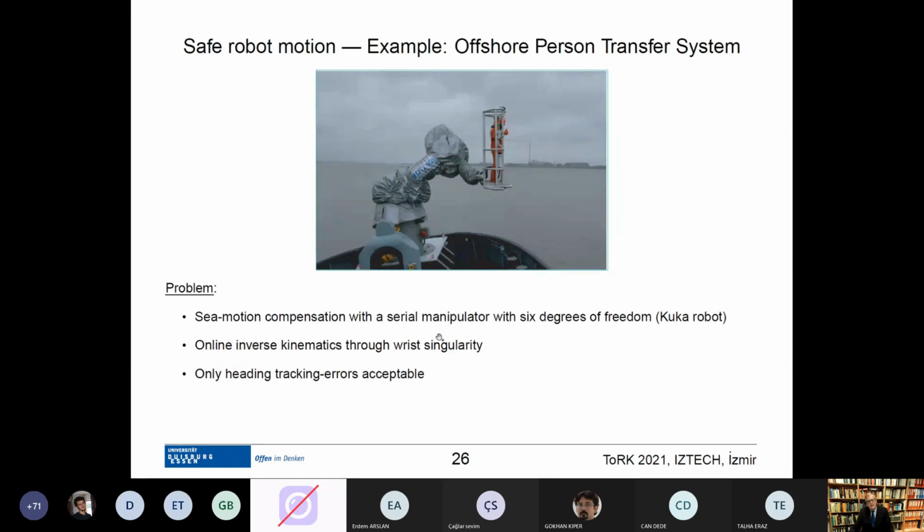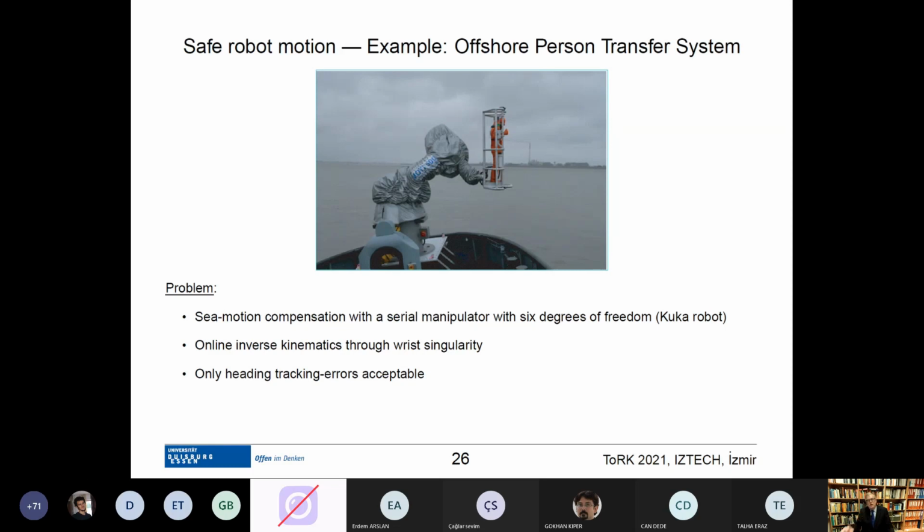And we applied this kind of thing in two applications. One is from a regional company here, the idea to use a robot to compensate ship motion so that a technician can step over, let's say, at offshore wind parks. And as you may know, offshore wind parks are not built for very calm seas, they are built for wind.